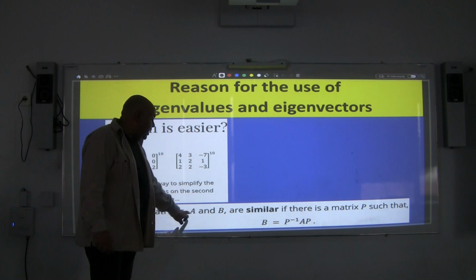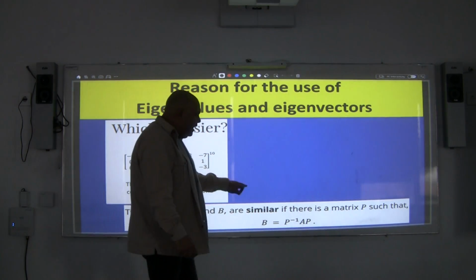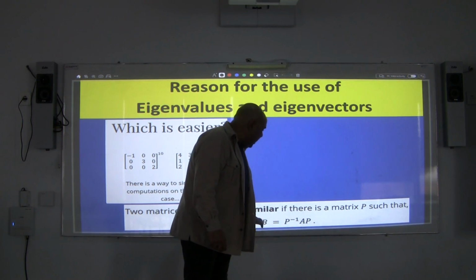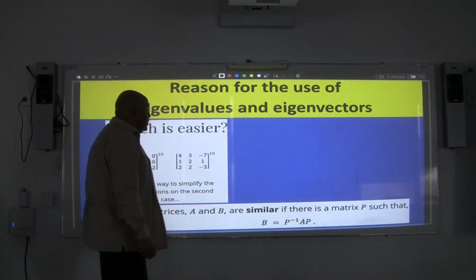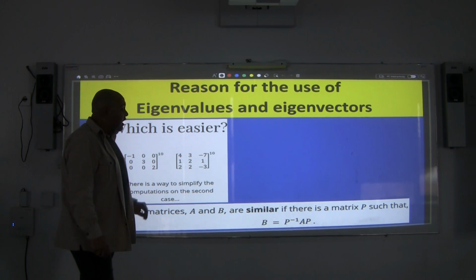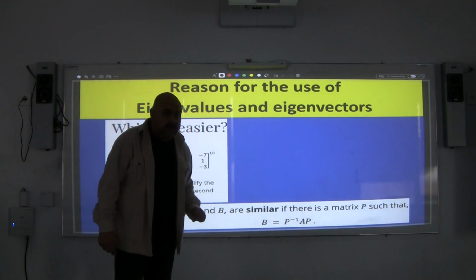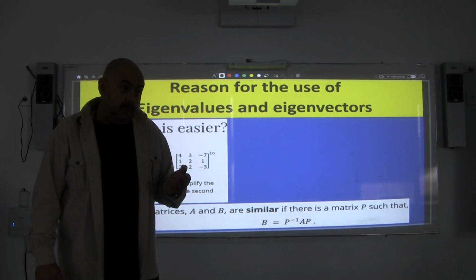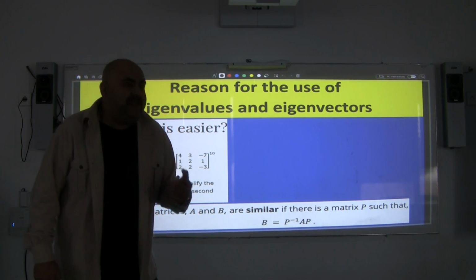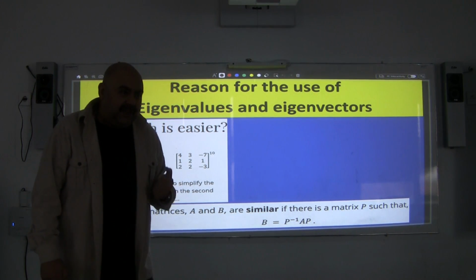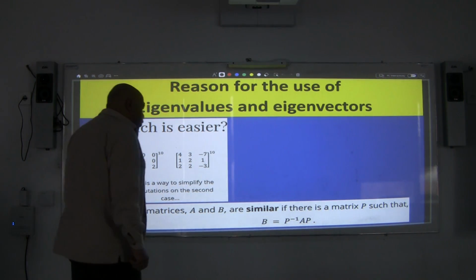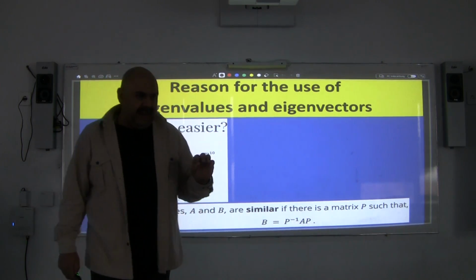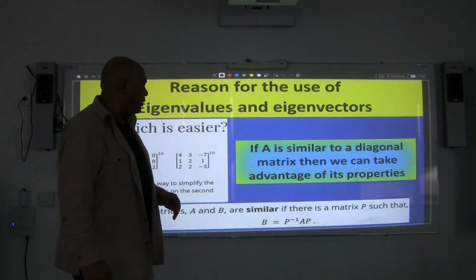Two matrices A and B are similar if there is a matrix P such that B is equal to P minus 1 A times P, and in this case the B matrix is going to be a diagonal matrix. If I succeed in finding the P matrix, which is surprisingly the matrix that I can form from the eigenvectors that we saw in the previous lecture, I will be able to change A into a diagonal matrix with the eigenvalues as elements on the principal diagonal.